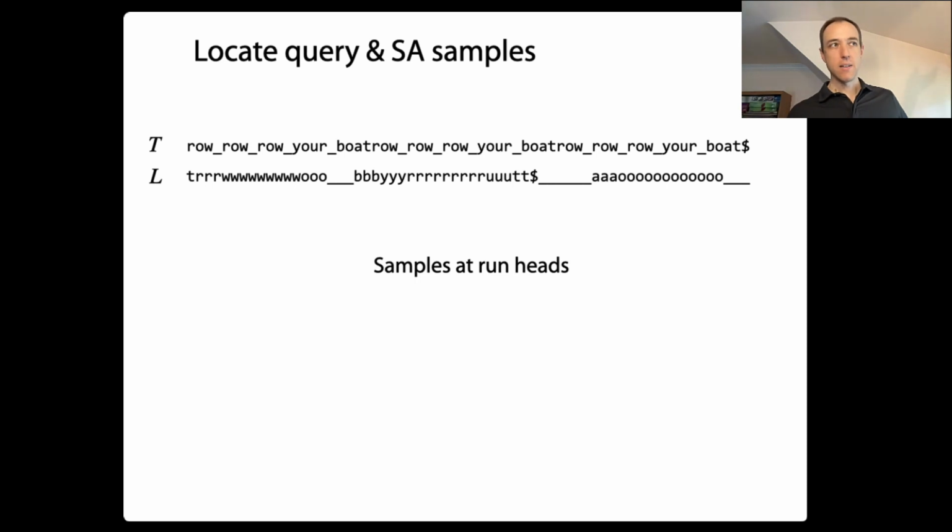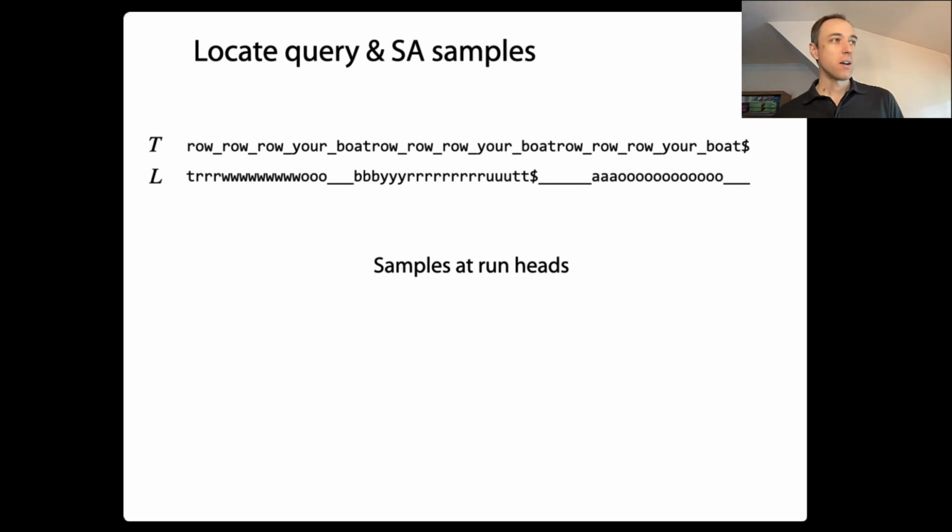A little bit like in the previous lecture, when we talked about backward search in the run length compressed BWT, we talked about keeping one letter per run and keeping a bit vector that marks each run. Similarly here, I'm going to suggest keeping a suffix array sample per run, specifically at the heads of the runs.